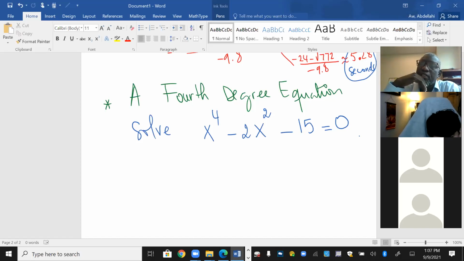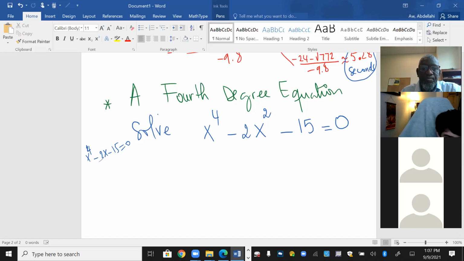This is what makes it particular. For instance, if we just said x to the fourth minus 2x minus 15 equals 0, then we wouldn't know how to solve this one, right? We don't know how to solve it at this level of math, okay?